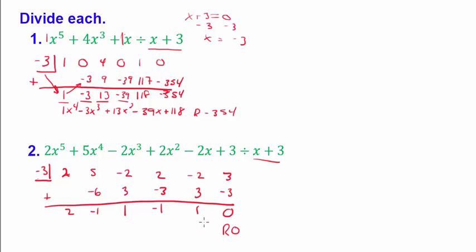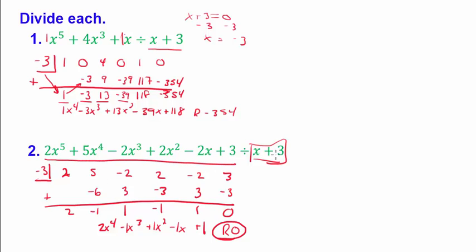We have 1 as my constant, negative 1x as my linear term, positive 1x squared as my quadratic term, negative 1x to the third, and then finally I have 2x to the fourth. Now notice here's just a quick special note. Because this is a remainder of 0, that means that this x plus 3 is in fact called a factor of this polynomial.